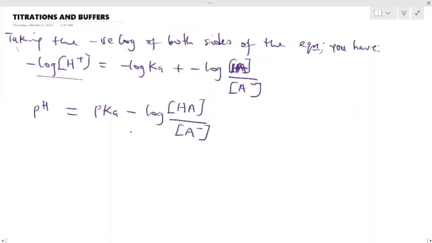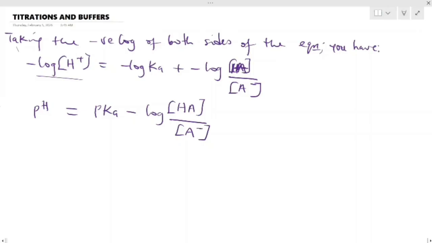So what we have here is the negative log of the concentration of the acid form over the conjugate base. So it can be left as this.